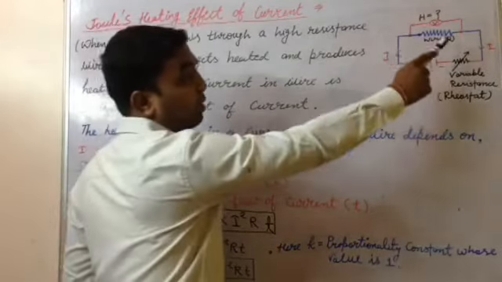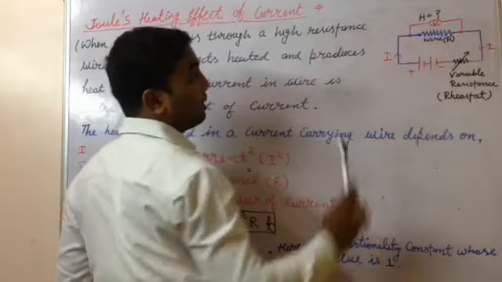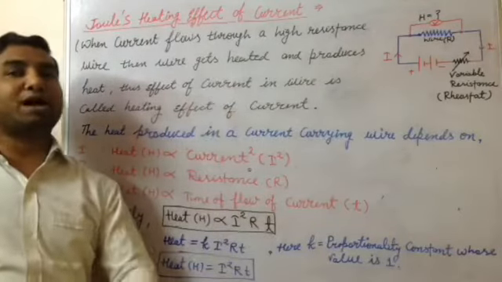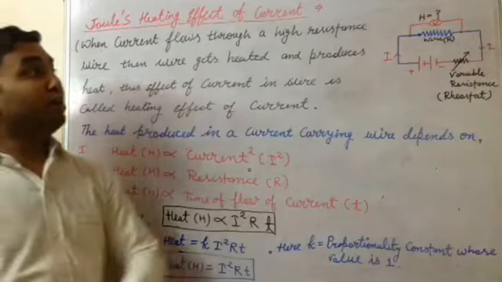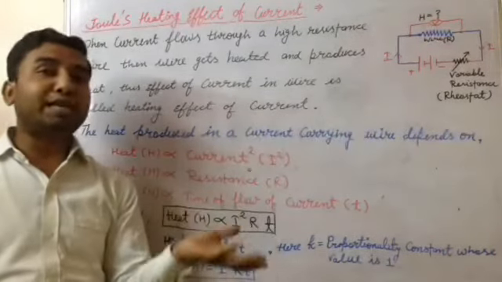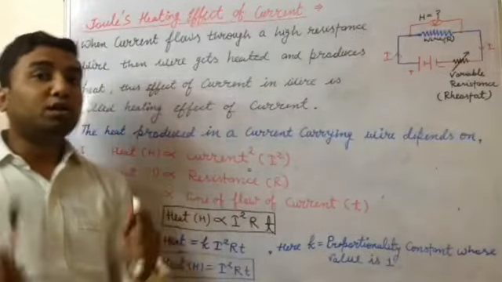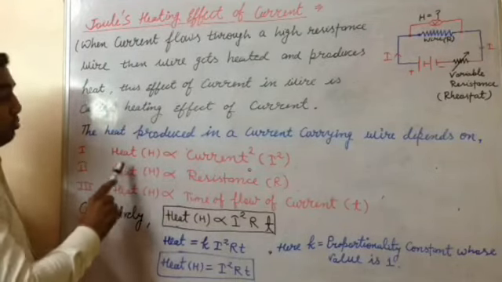When the current is passing, this current will heat up the wire, and so heat will be produced. We want the formula of heat produced in the wire. So first of all, we should know the factors on which the heat produced in the wire depends.